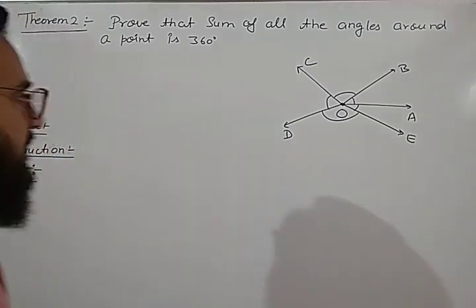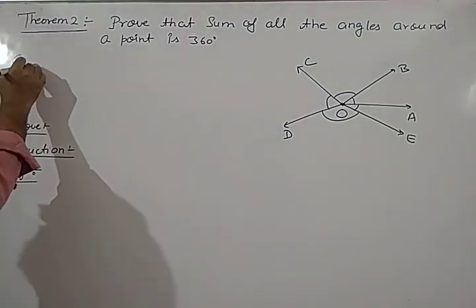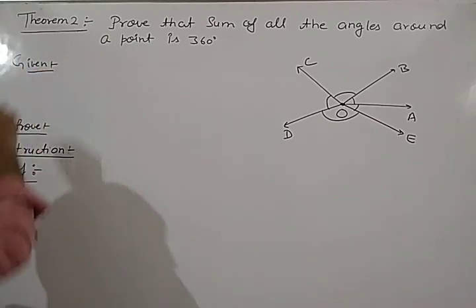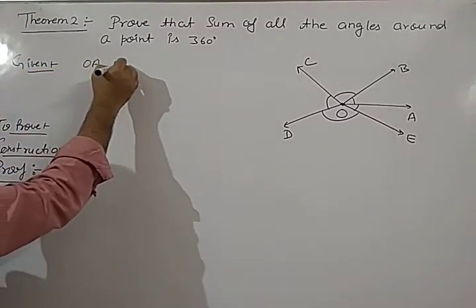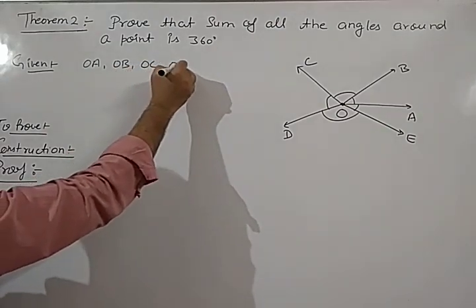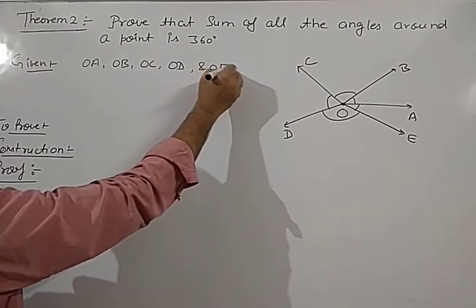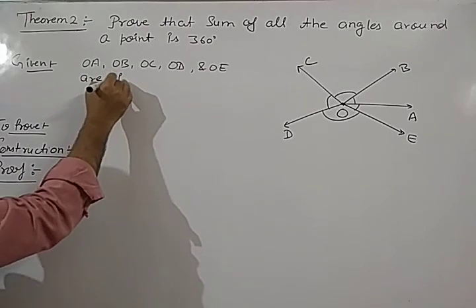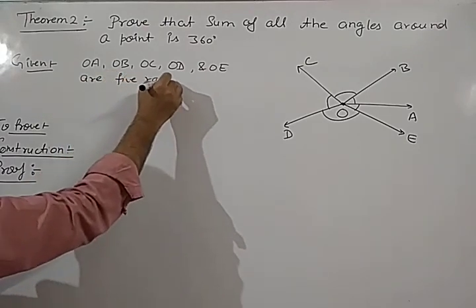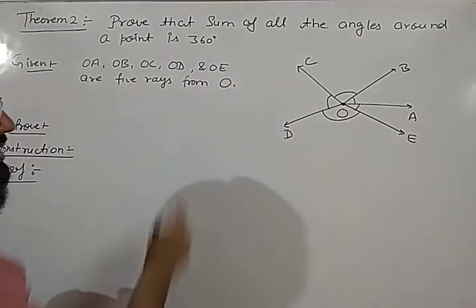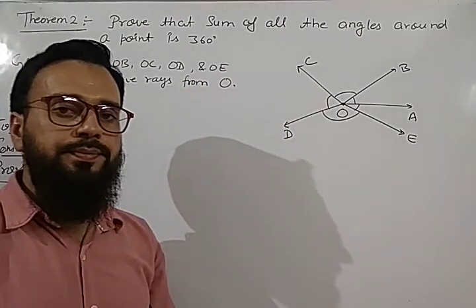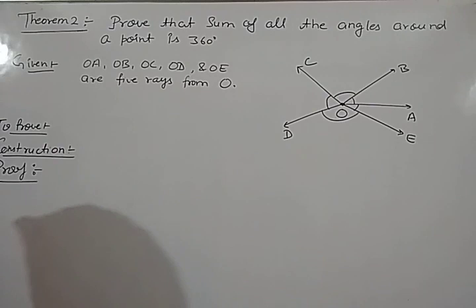Okay. So first we will write the given and to prove. So what is given? We have given OA, OB, OC, OD and OE are 5 rays from point O. And what we have to prove?